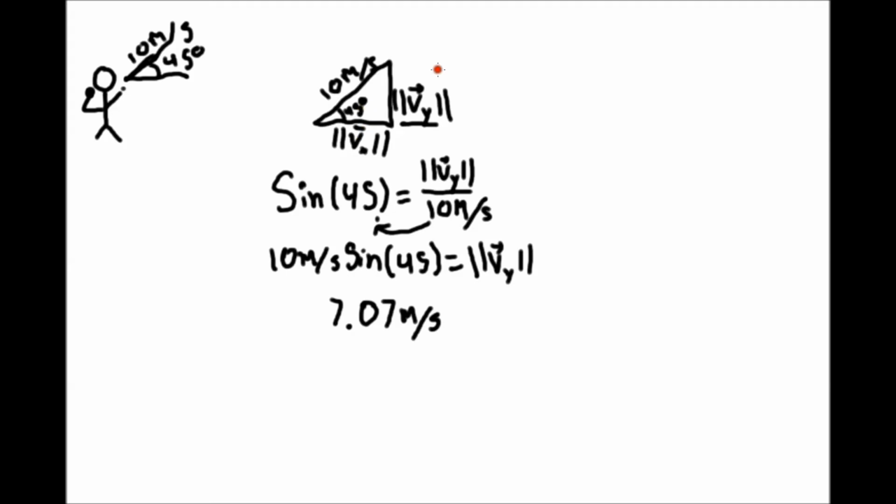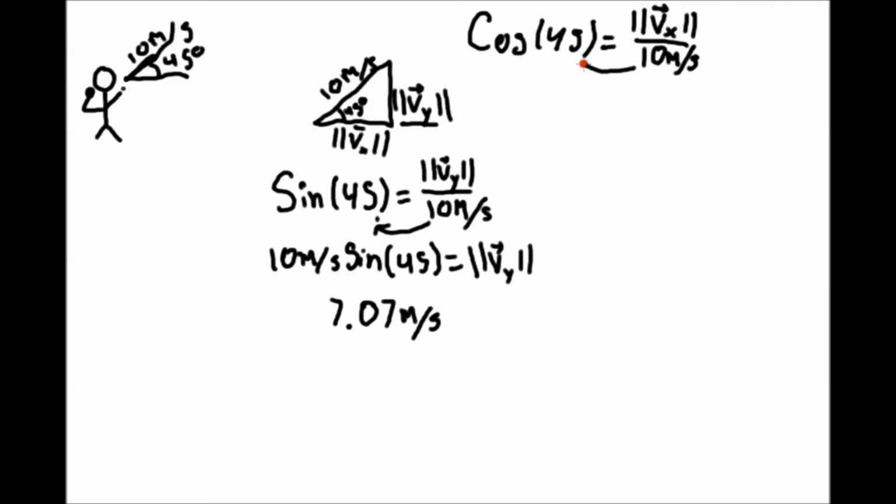So to find x, we should do cosine of 45 is equal to the magnitude of the velocity v sub x over 10 meters per second. And we're doing cosine because SOHCAHTOA tells us that cosine is adjacent over hypotenuse. So yeah.